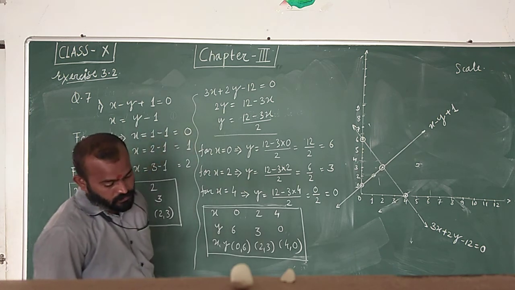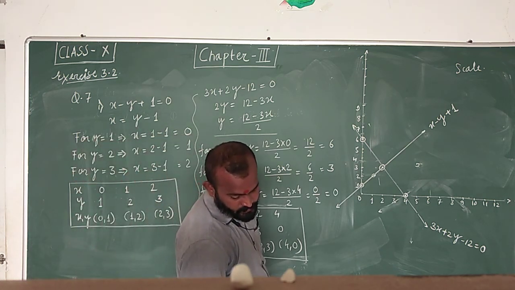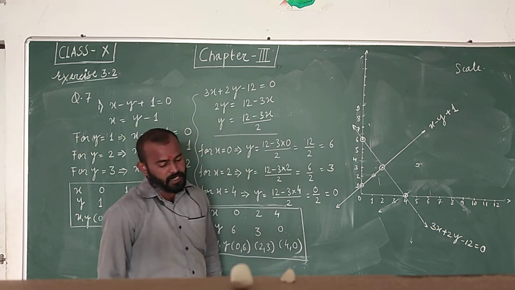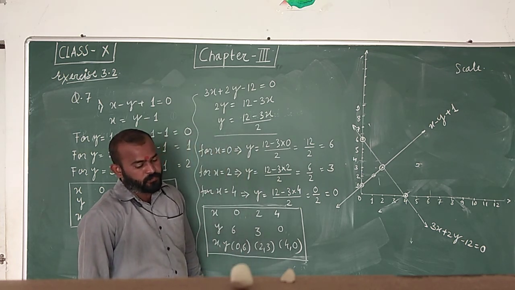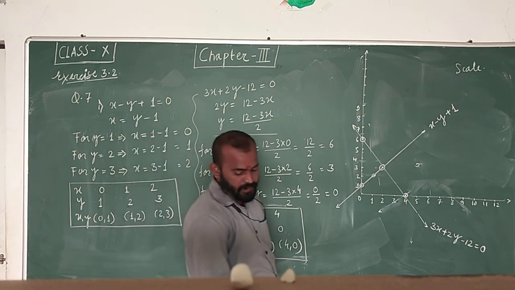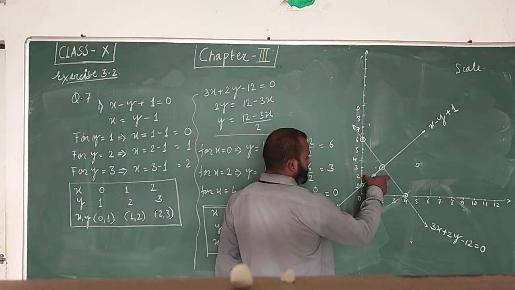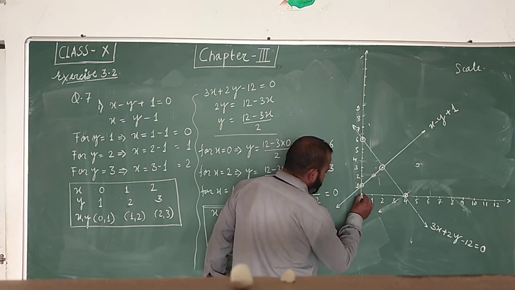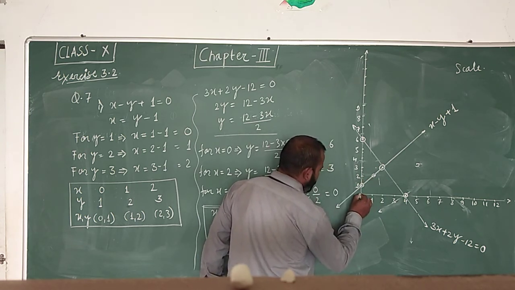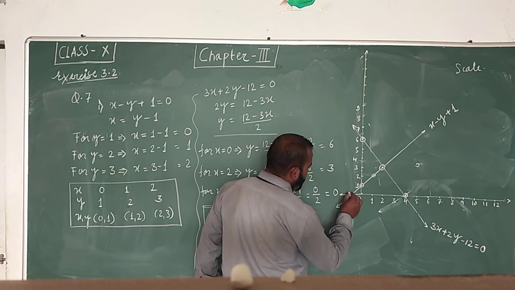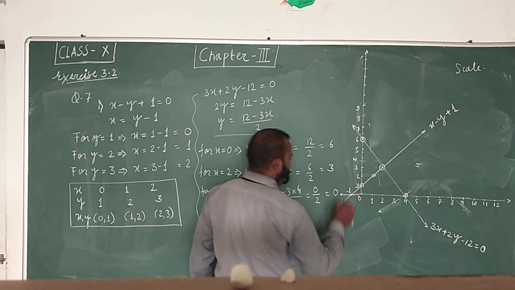Now what was the question? Determine the coordinates of the vertices of the triangle formed by these two lines and the x-axis. We have to extend this line here. It will meet the x-axis at probably -1.